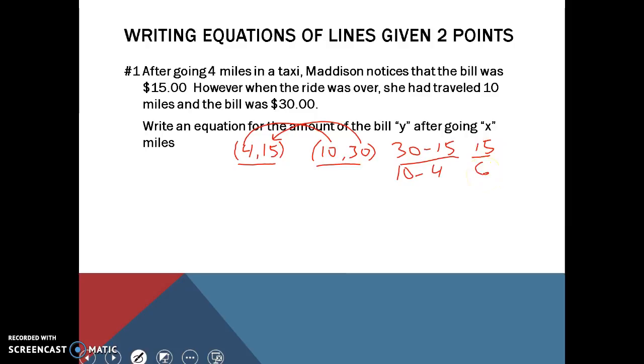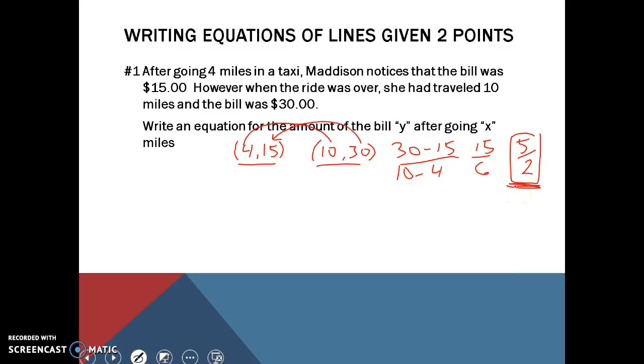And so if we reduce that, I can divide them both by 3, and that's 5 halves. Or we can say that's the same thing as 2.5. I'm going to go ahead and keep it as 5 halves for right now. So this is our slope.